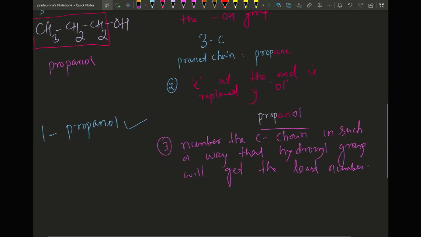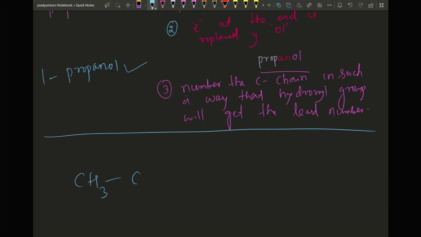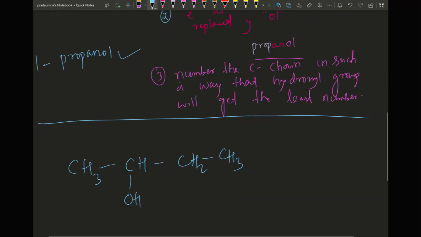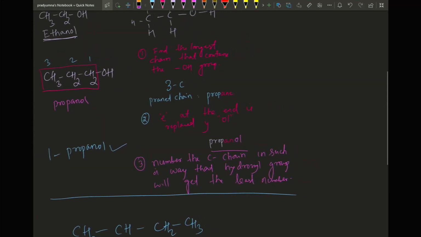All right, so let's do another simple one. CH3, CH, CH2, CH3, OH. Okay, first rule. I think I should draw it out here.